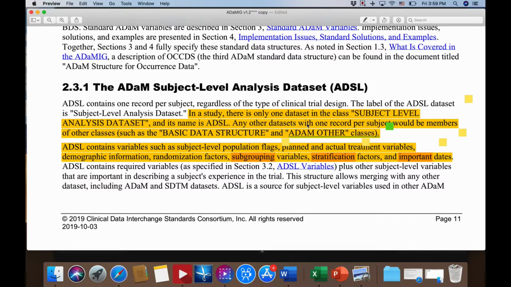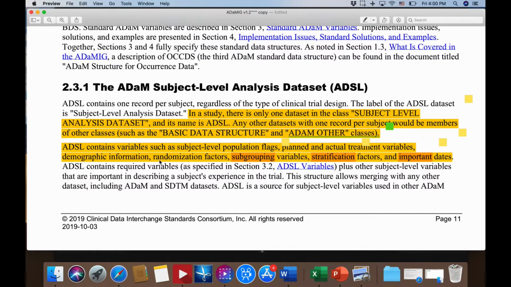For example, if you have a dataset called ADBASE that includes the baseline record for each subject, the structure is one record per subject, but you cannot classify this ADBASE as a subject level analysis dataset. That's only for ADSL.